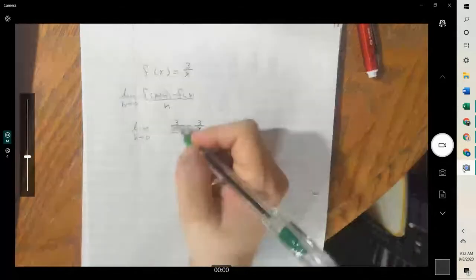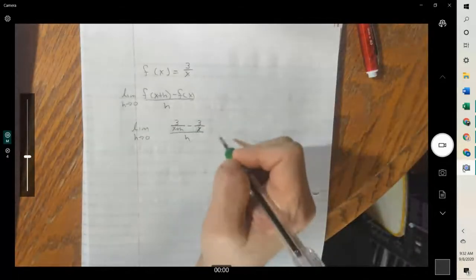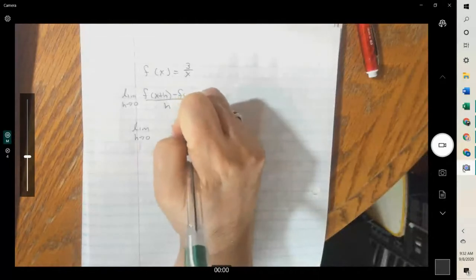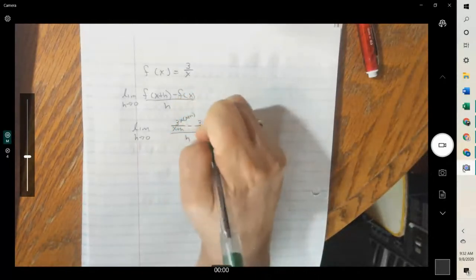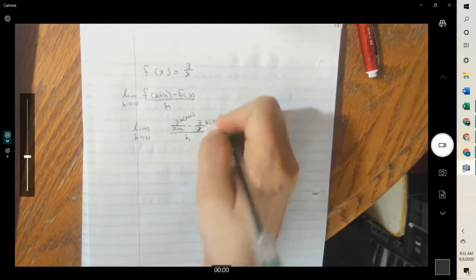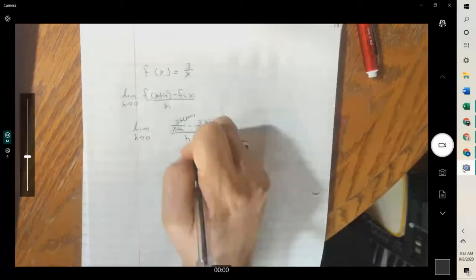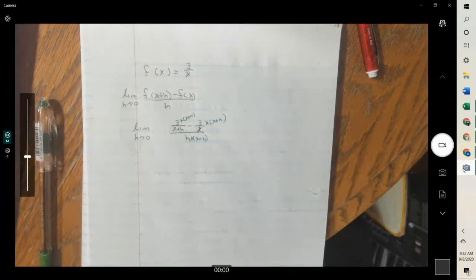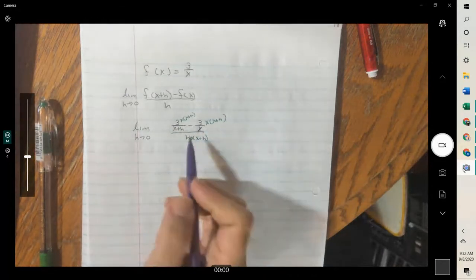It doesn't look pretty. But what we can do is multiply all three terms by the denominators. So if we multiply by x times x plus h, don't multiply the bottom out, leave it factored because we want to get rid of this h.